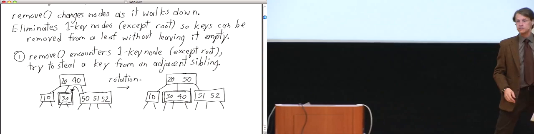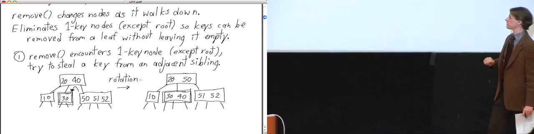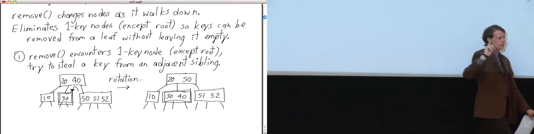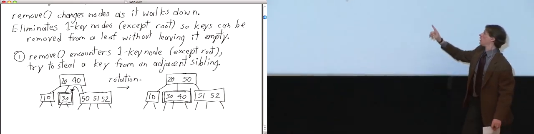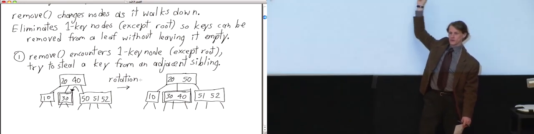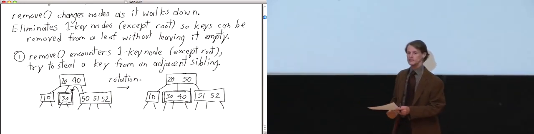There is one other bit of restructuring going on here besides moving the keys. You'll notice that when we started, this node has 2 children and this node has 4 children. But when we're finished, this node has 3 children and this node has 3 children. So some children had to get moved around a bit.